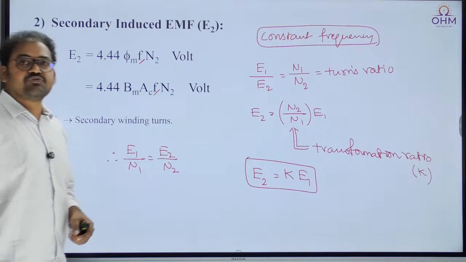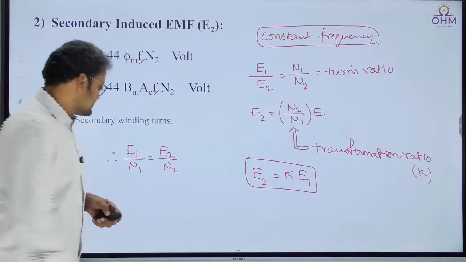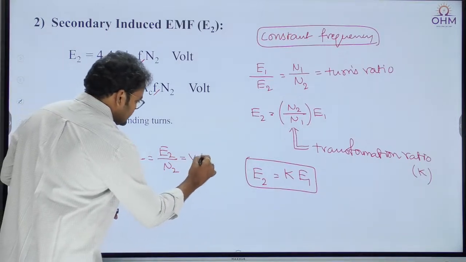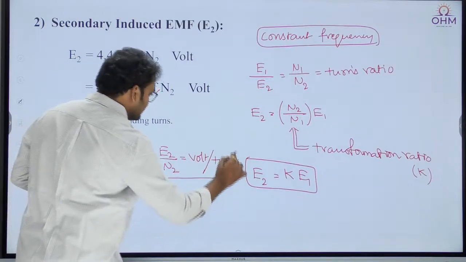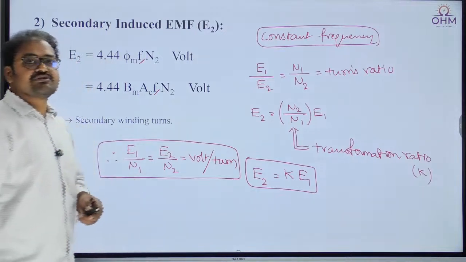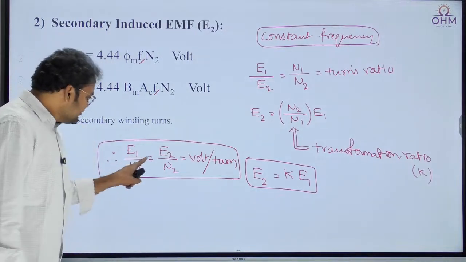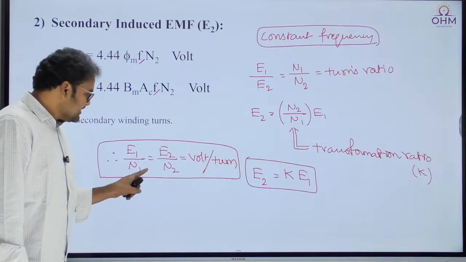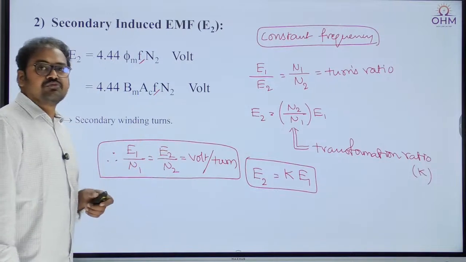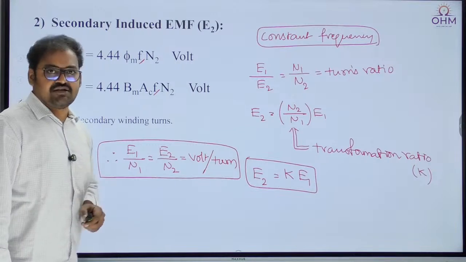E2 by N2 is voltage per turn on secondary side. It is not the voltage, it is voltage per each turn. You can easily understand the voltage per turn on primary side is exactly equal to voltage per turn on the secondary side.